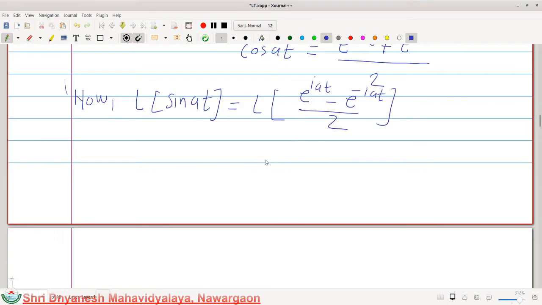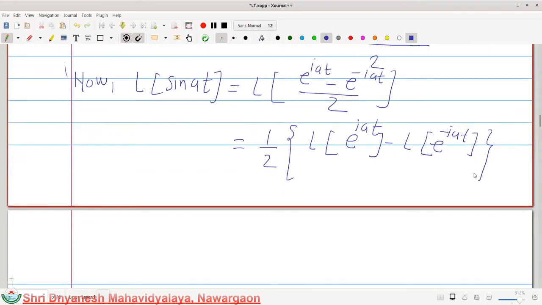As 1 upon 2 is a constant, and we have just seen that this L operator follows the linearity property, that can be taken out. Okay, and what remains here? Laplace transform of e to the power iat minus Laplace transform of e to the power minus iat.